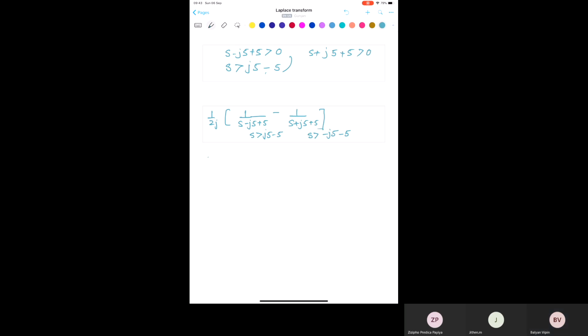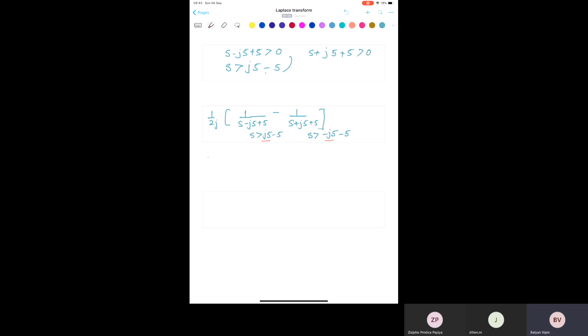So one more thing I told in the previous lecture is that the region of convergence is not affected by this factor, because this is the factor which affects the phase of the signal.